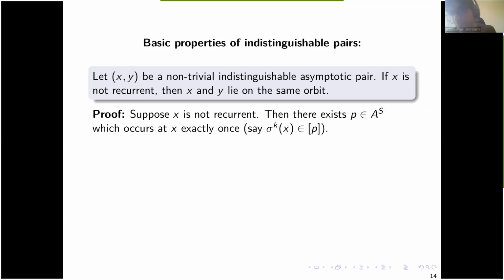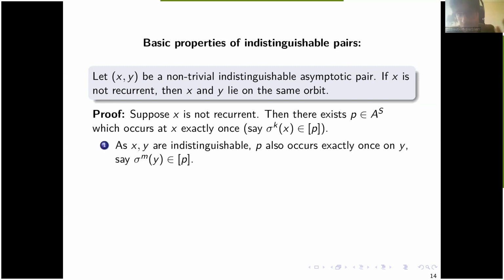So the proof is quite easy, so I'm going to do it. Suppose one of these configurations is non-recurrent, then I can find some pattern that occurs exactly once, right? There is some pattern with some support that occurs exactly once in my configuration. Well, my pair is indistinguishable. So if it occurs exactly once in X, it must occur exactly once in Y, in some other position.